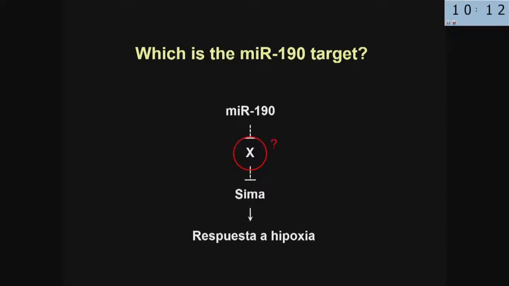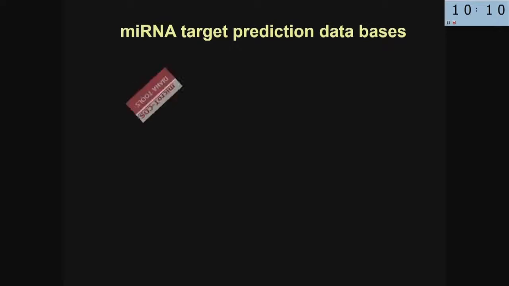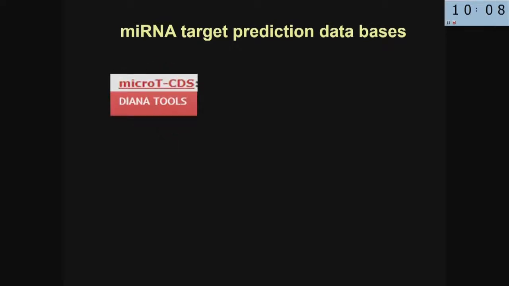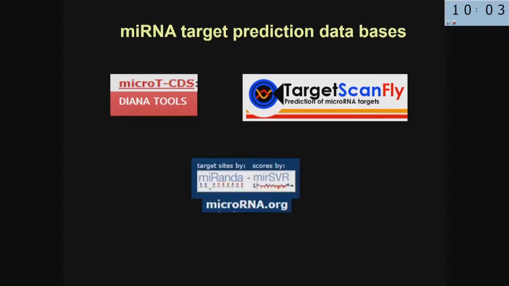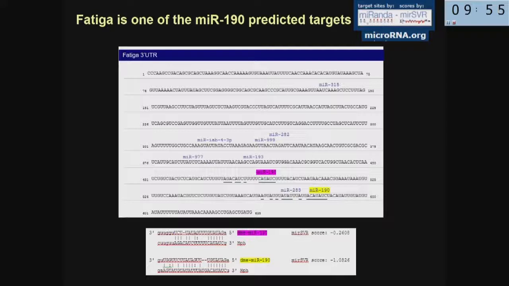messenger RNA. So we looked at several different databases that predict the RNA target genes. And we noticed that in one of them, in the Miranda databases, fatiga, the prolyl hydroxylase, appeared as one of the possible targets.